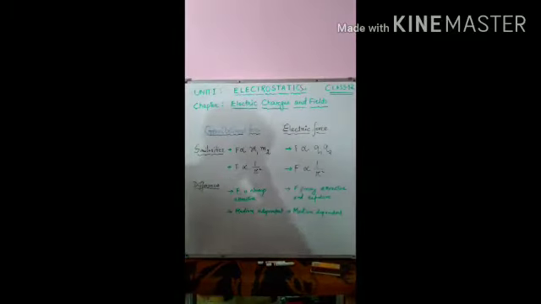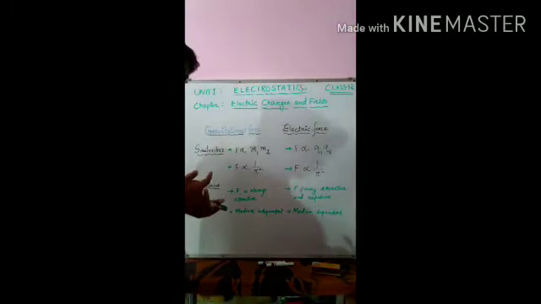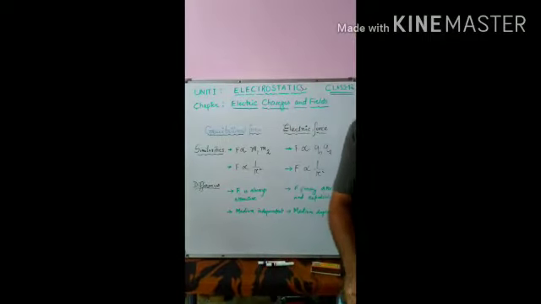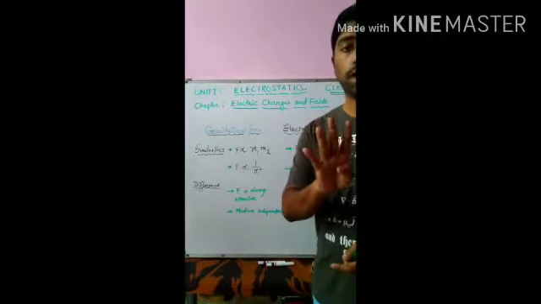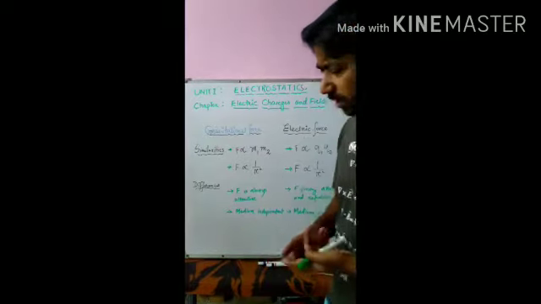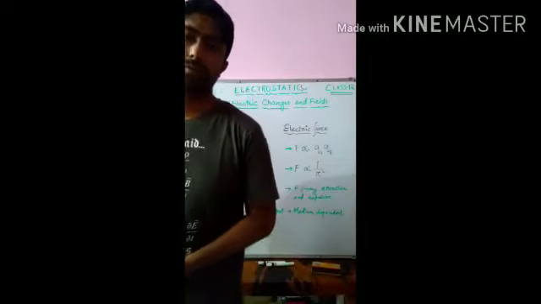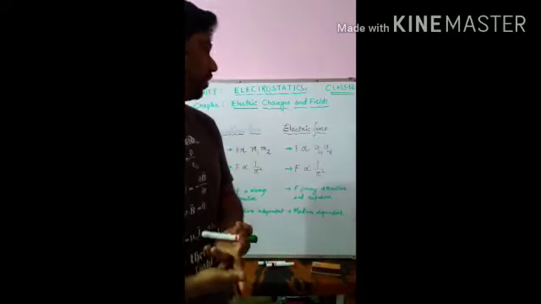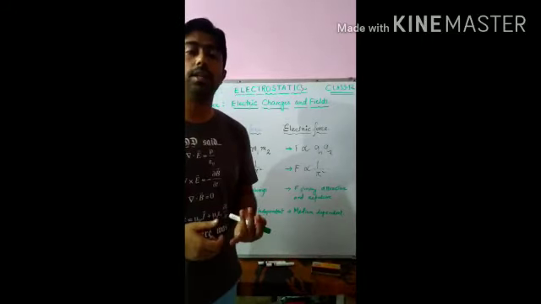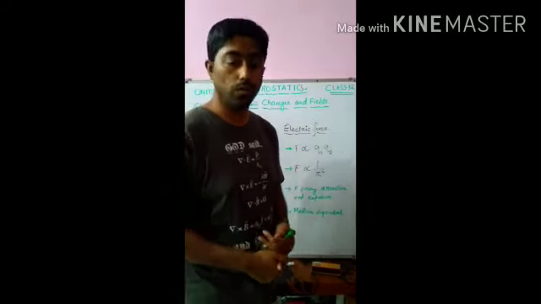Basically, gravitational force is one of the four fundamental forces. In class 11, we came across four types of fundamental interaction. The first one, the most common one, is gravitational force. The second one is weak nuclear force. The third one is electromagnetism, or electromagnetic force. And the fourth one is strong nuclear force.